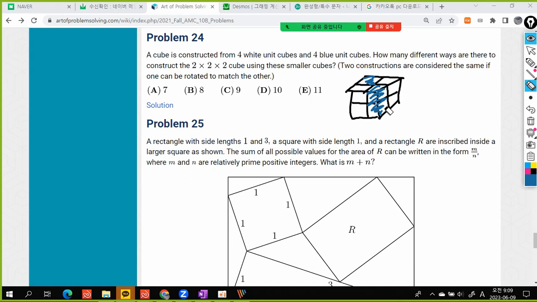Or we can also think of this type of diagonal, two and two, and then the hidden one. So we can make two arrangements when two and two are in separate layers. So now, how many cases are in total?